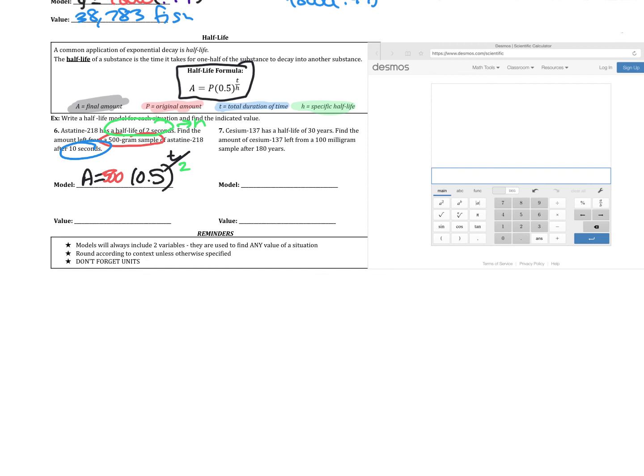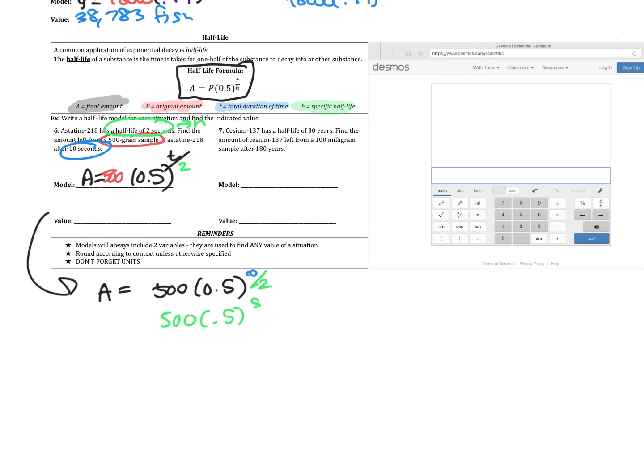And then to evaluate your model, I'm actually going to come down below here because there's a little bit more space. To evaluate our model, we're going to plug in the amount of time that they told us has passed, which is 10 seconds. You need to make sure both of your units are the same. So these are both in seconds, so that's fine. I can leave it just like that. This is going to give me 500 times 0.5 to the 5th power.